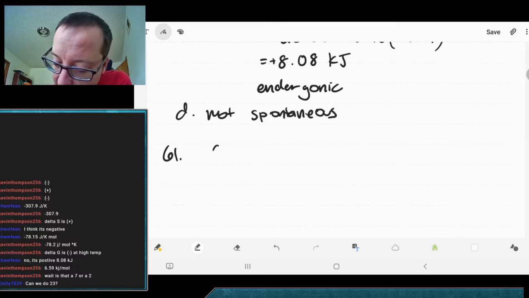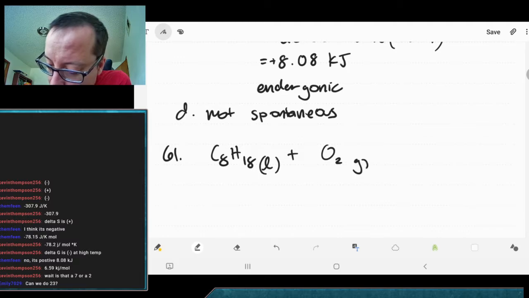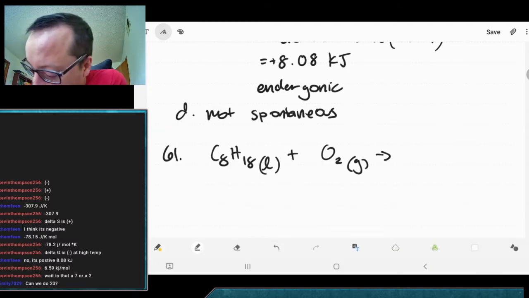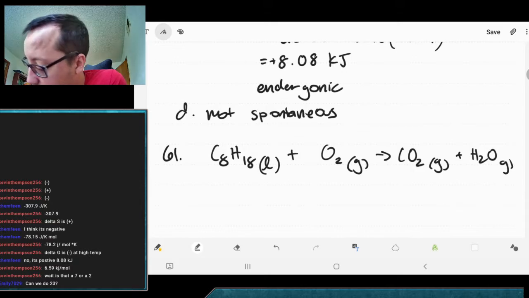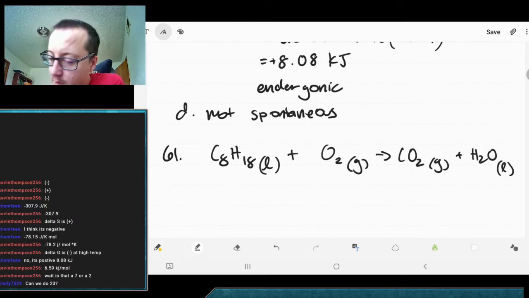So we're taking C8H18 liquid plus some amount of oxygen, turning it into carbon dioxide plus water. Actually, I think this one has us producing liquid water. So we're technically going to have to balance this. Let's hope it works out nicely. If we put 8 here, we have 18 hydrogens to deal with, so that'll be 9 waters there. We have 9 oxygens plus 16 oxygens.